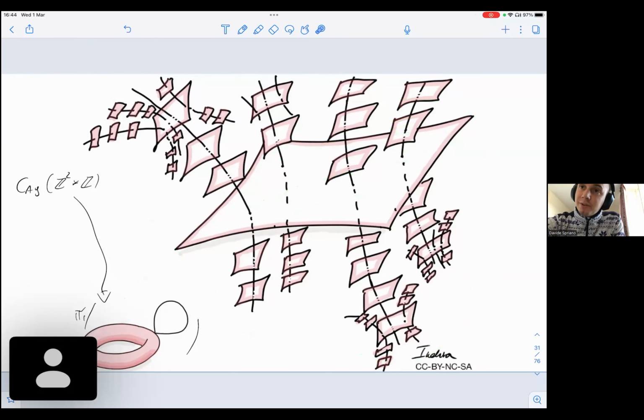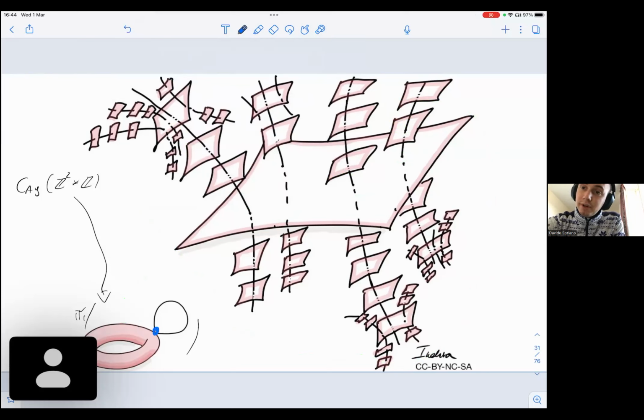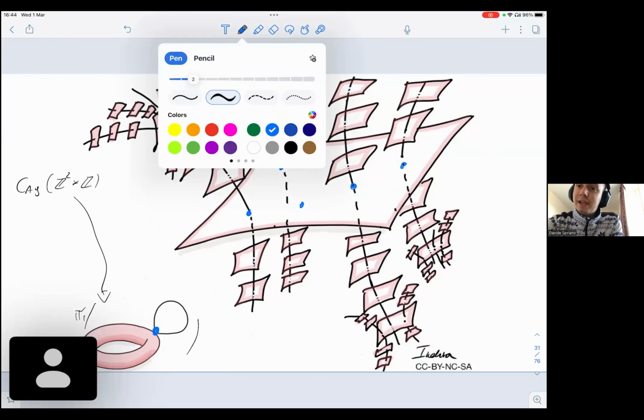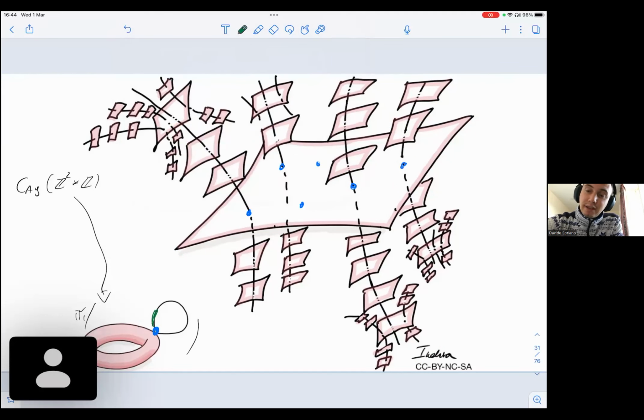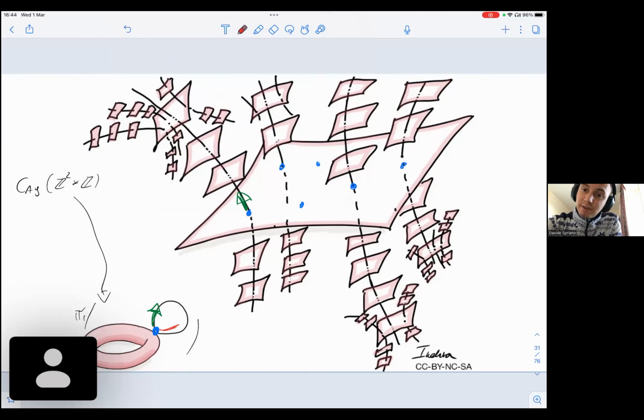And if I now take the lift of these, let's make it blue. If I take the lift of this blue point, it will lift like a lattice inside this flat, and to each lift you will have a direction which is maybe green, which goes up like so, and then you will have a direction which maybe is red, which goes like so, and then you repeat, and then you will find another flat, etc., and you proceed in a tree-like fashion.